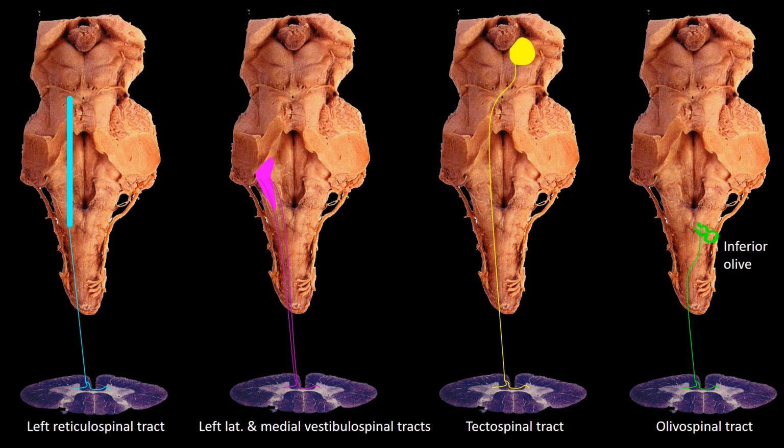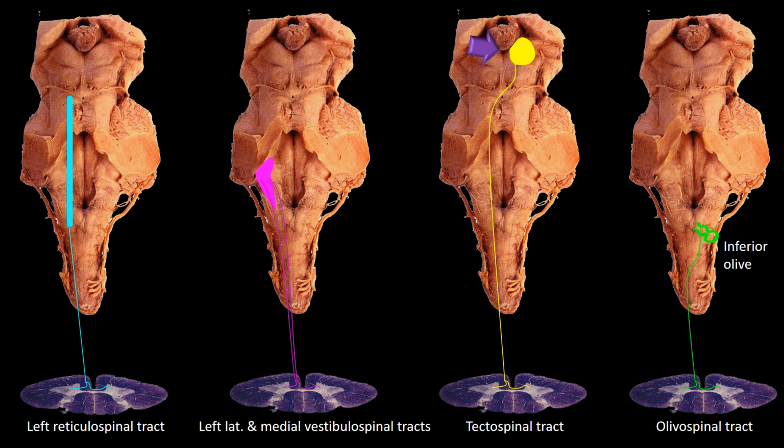In this frame, you can better appreciate the anatomical location and trajectory of the tracts I have just mentioned. Here you can see the left reticulospinal tract arising from the left pontine and medullary reticular formations, especially raphe magnus nucleus. Here, the left lateral and medial vestibulospinal tracts.